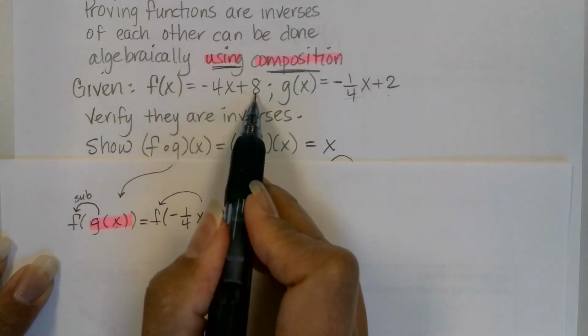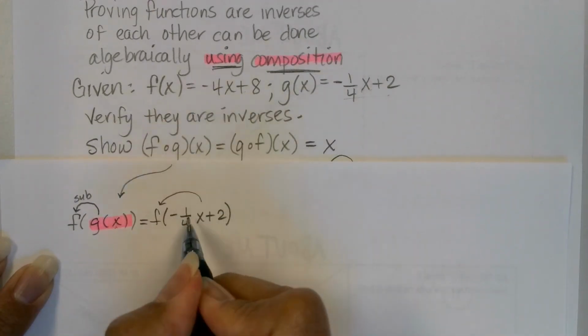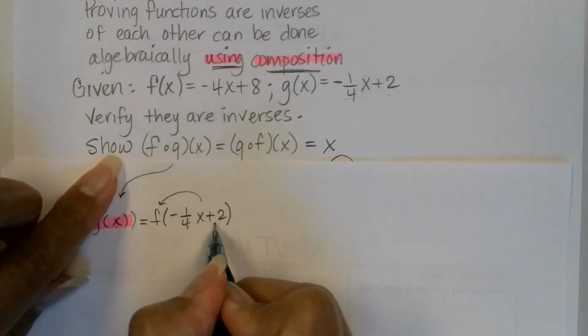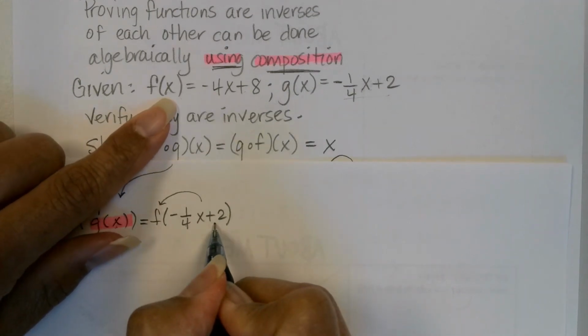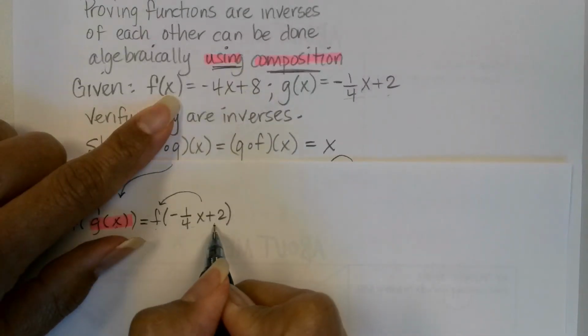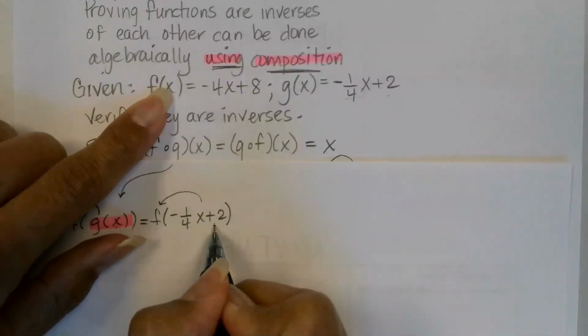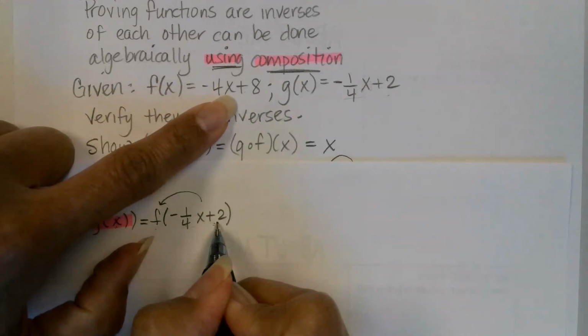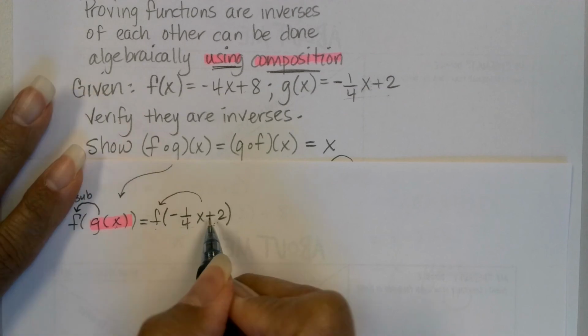This is my f function. Notice this here replaced this x. Instead of f of x, I wrote f of blah. So if I replaced this x with blah, I need to replace this x with blah. So let's do that.